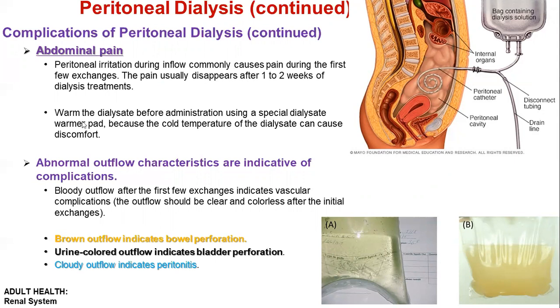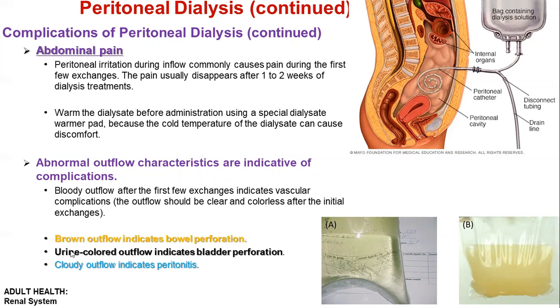Other complication: outflow characteristics are an indicator of complication. So this is the fluid we are passing. If the fluid coming out looks like this, it indicates a problem. What does it indicate? If the fluid looks cloudy, like picture B, it indicates infection or peritonitis.